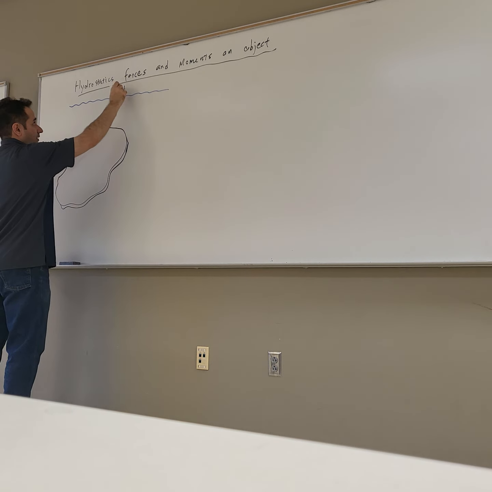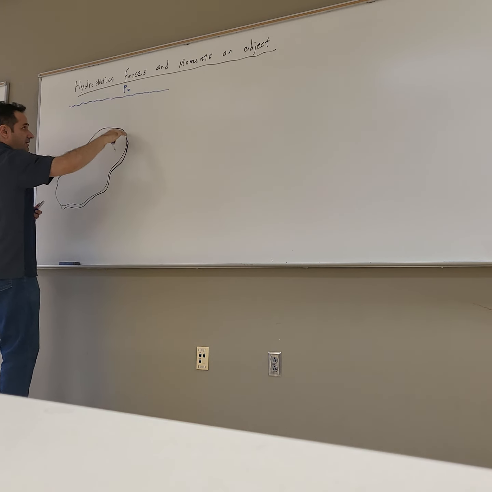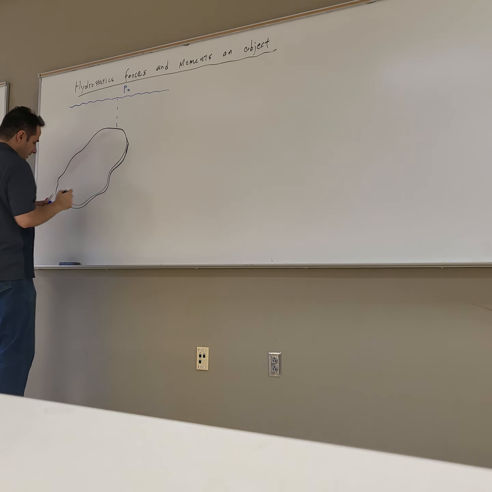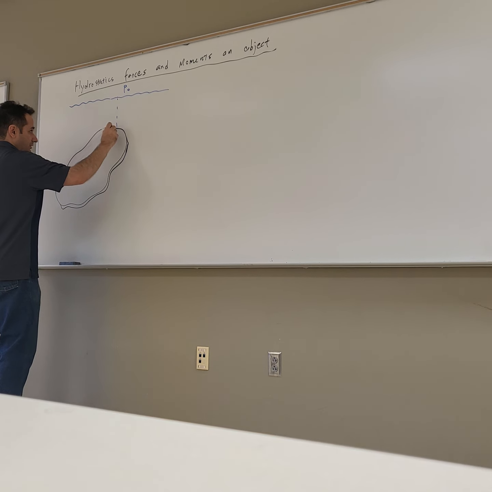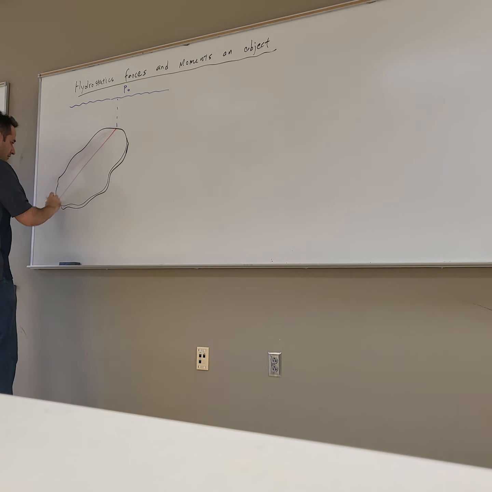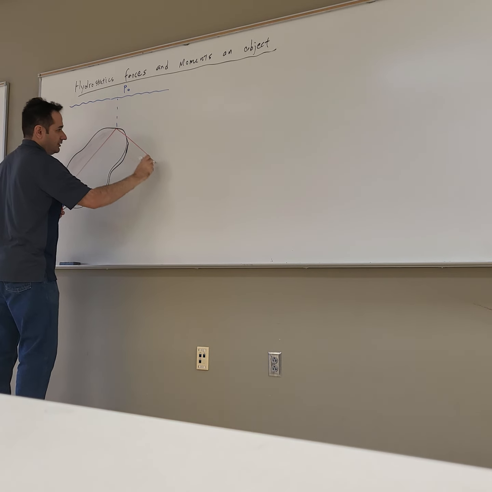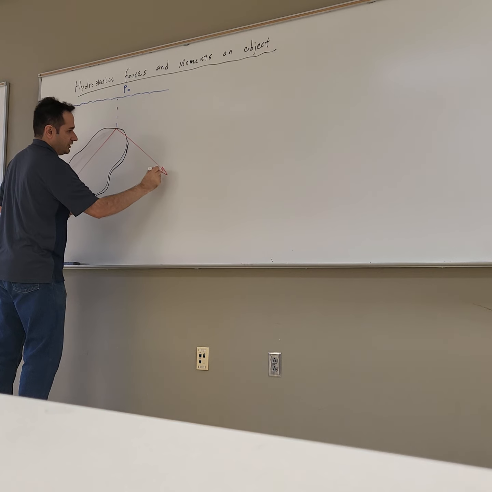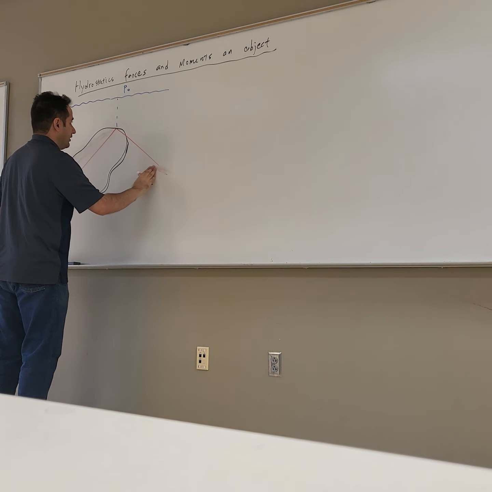This is the surface of the water, so this is P0, atmosphere, and then the water starts from here. Now let's have this coordinate system: y going this way, and x going this way.